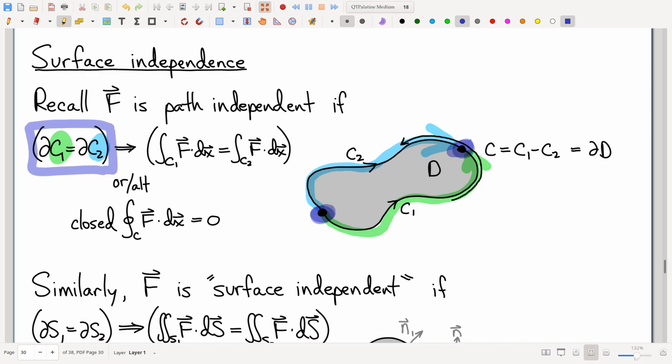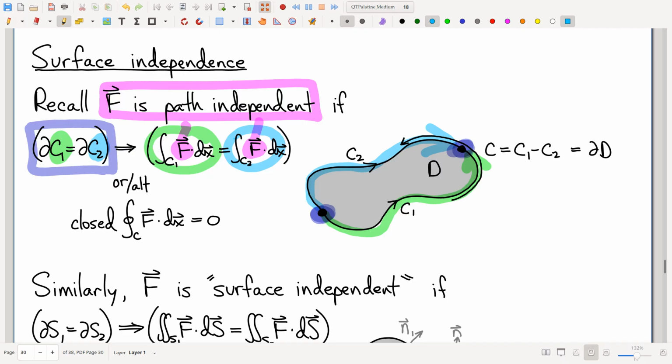And with that understanding, a vector field is path independent. What we mean by path independent is that the C1 line integral and the C2 line integral will always be the same, no matter what 2 curves, C1 and C2, that you pick, just so long as they share a common starting point and a common ending point. Everybody remember that idea of path independence?